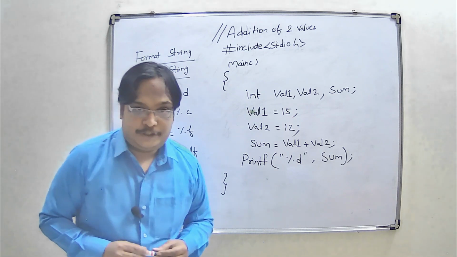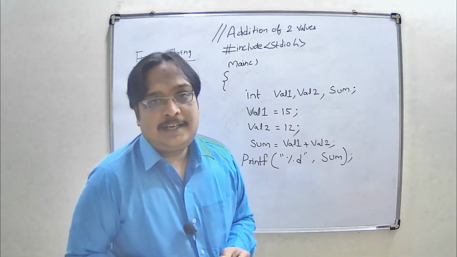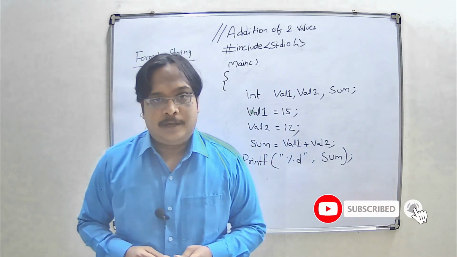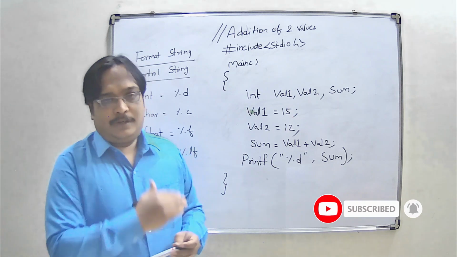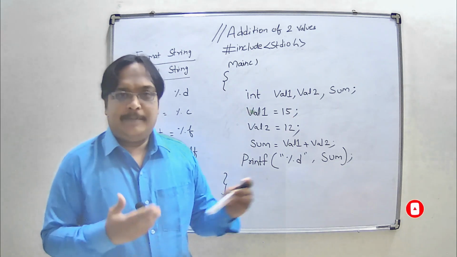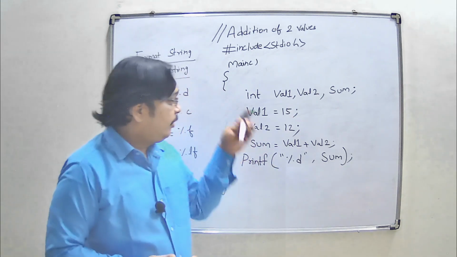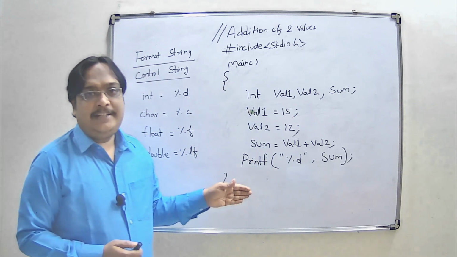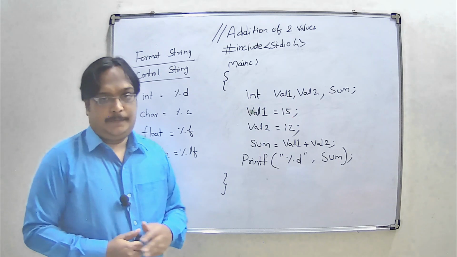Right? Hope you understood. In today's class, we have discussed a basic program. Whatever programs we have seen, I mean the welcome program and a normal addition program, this program explains the static input.